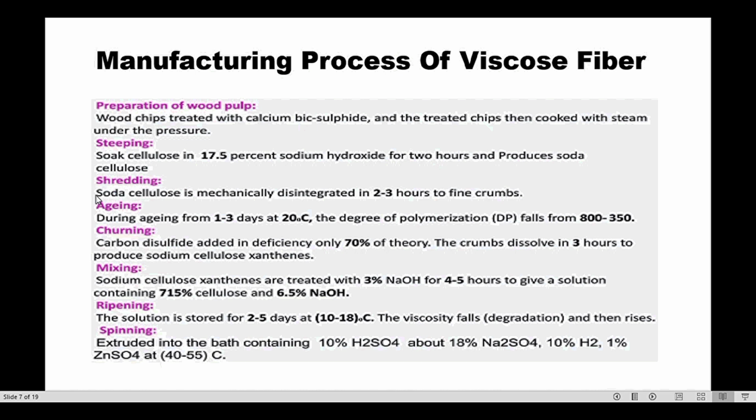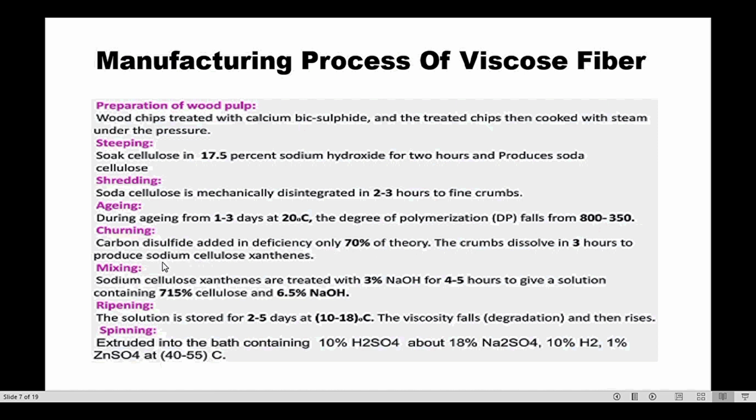The next step is shredding. Soda cellulose is mechanically disintegrated in 2 to 3 hours into fine crumbs. Aging: during aging for 1 to 3 days at 20 centigrade, the degree of polymerization falls from 800 to 350.